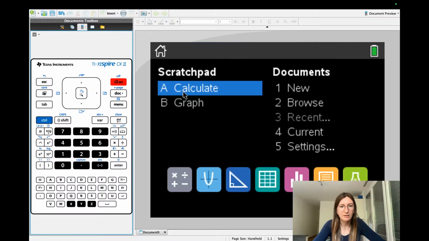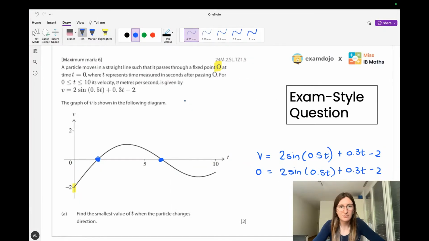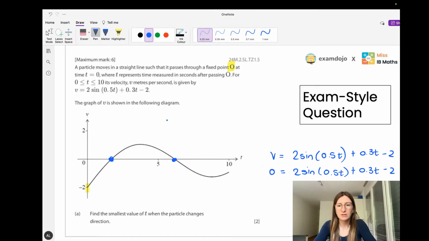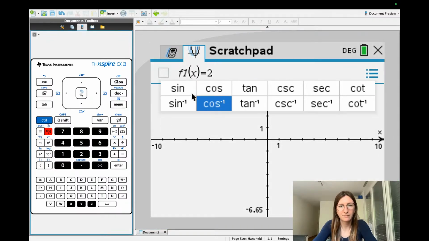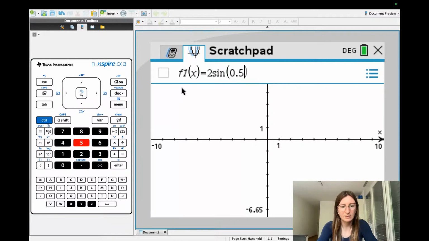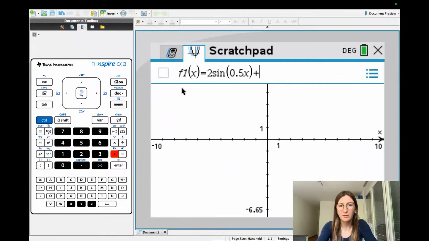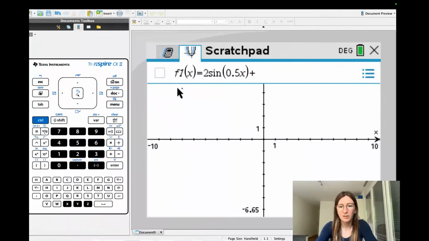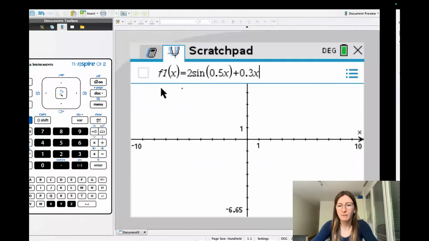Let's see, I want to graph. And I don't think it says anything about degrees or radians. So 2 sine 0.5x. Our calculators don't like t as a variable, only x. 0.3 t, x minus 2.